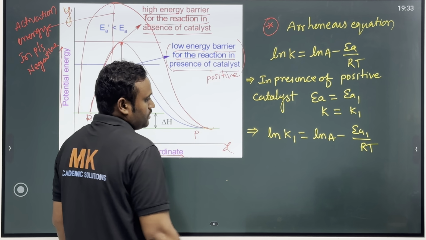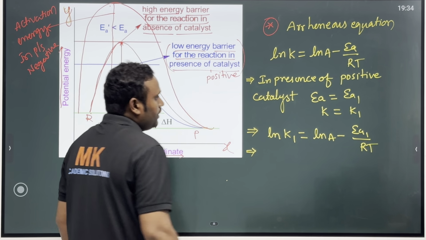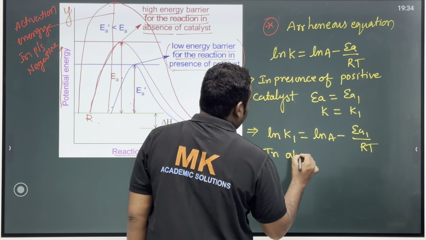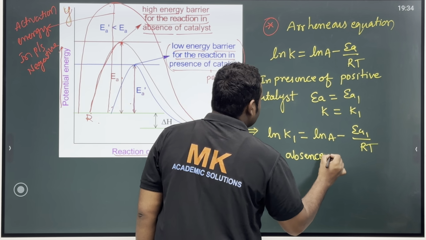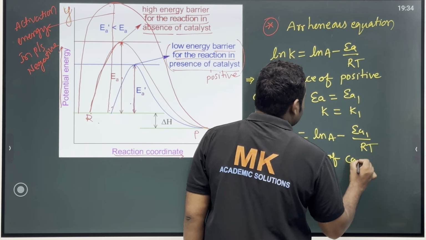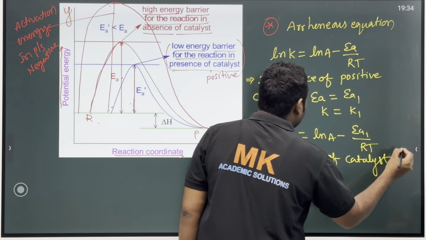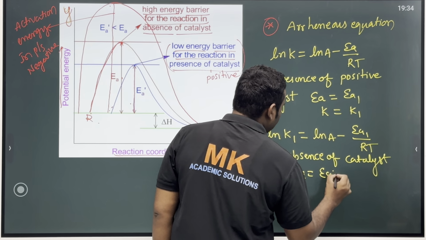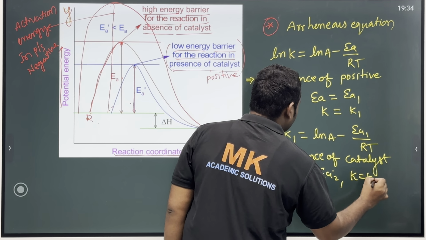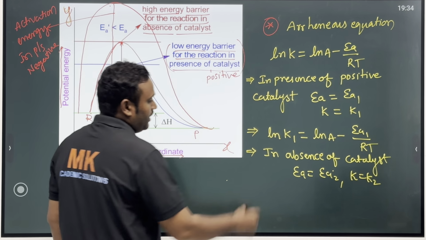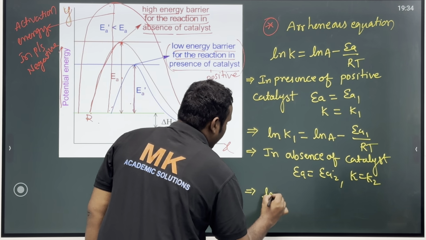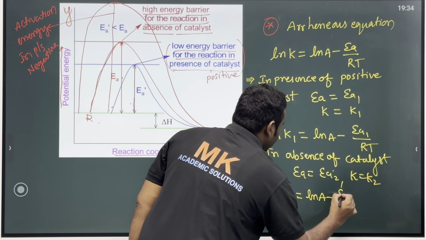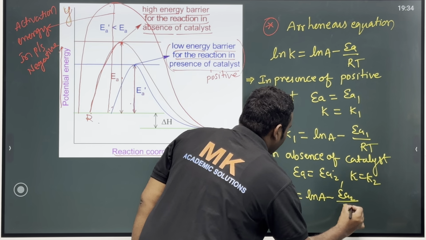And in the second case you consider the absence of catalyst. In the absence of catalyst, activation energy EA is equal to EA2 and K is equal to K2. So now the Arrhenius equation will become, children, ln K2 is equal to ln A minus EA2 by RT.